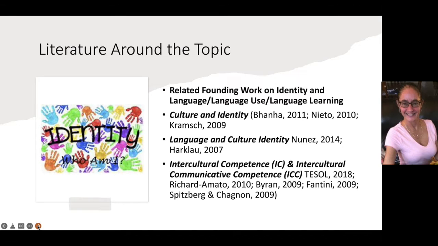We have the influence of culture on identity, and the influence of language on identity, and intercultural competence and intercultural communicative competence, and what that level of competence is, and how it impacts how one sees or doesn't see himself within a particular community.